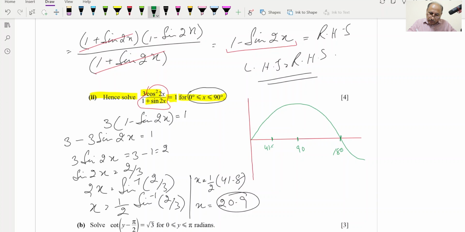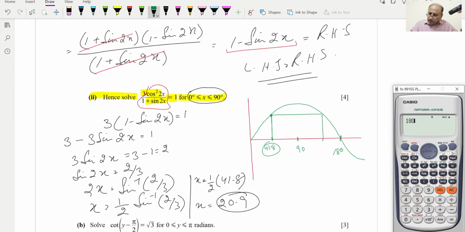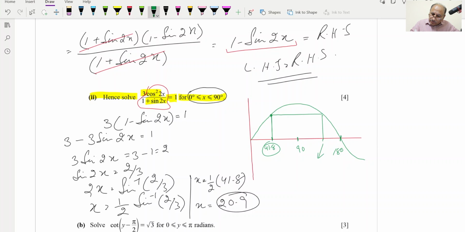If we draw the angle like this, with the reference over here, the same reference we can check on this side also, and this value will be 180 minus 41.8, which will be equal to 138.2.